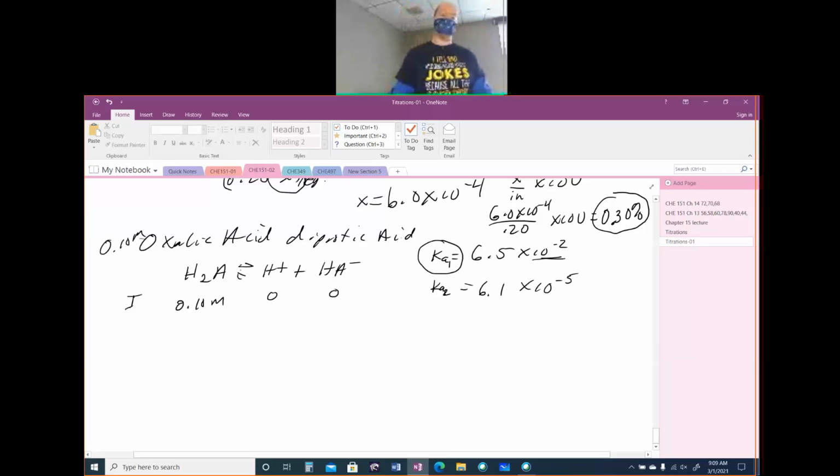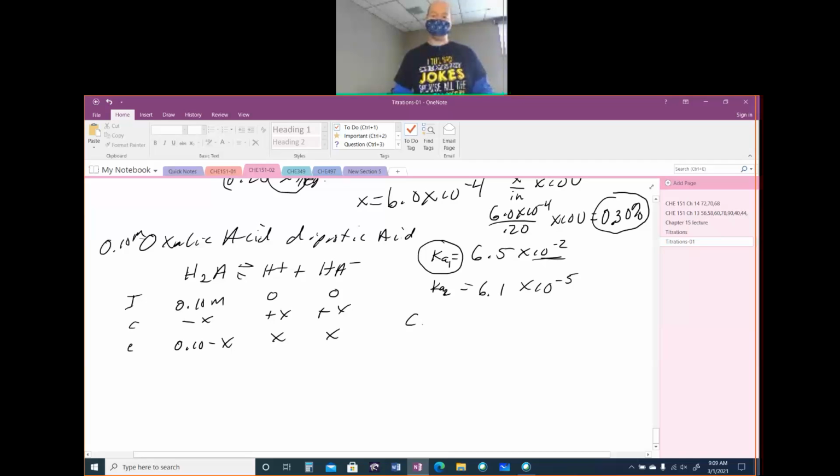We want percent ionization too. Initial, change, you have zeros. So minus X, plus X, plus X, and at equilibrium, 0.10 minus X, X, and X.